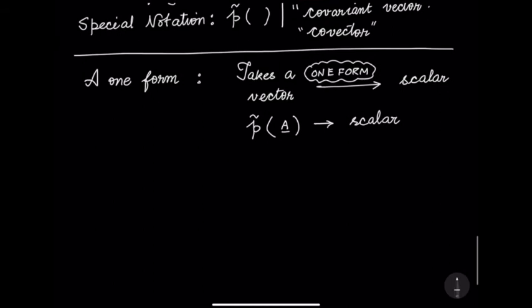How do I write the components? Now we know how to get the components. Components are easy. You put in the E alpha unit vector, it will give you the alpha-th component. That alpha is written with a suffix here.